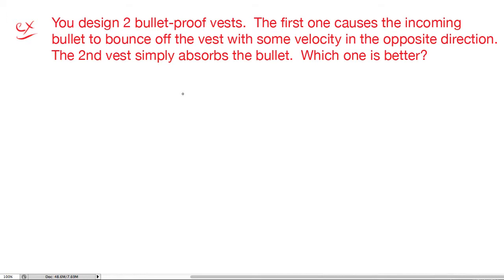Okay. I feel like also maybe the body would be subject to less force. So what we're really curious about, when I say which one is better, what we want to do is minimize the force, right? That's sort of what we're after. Lower force means less harm to our body. So bounce it off by exerting force on the bullet, or absorbing it by force dispersed around your body.